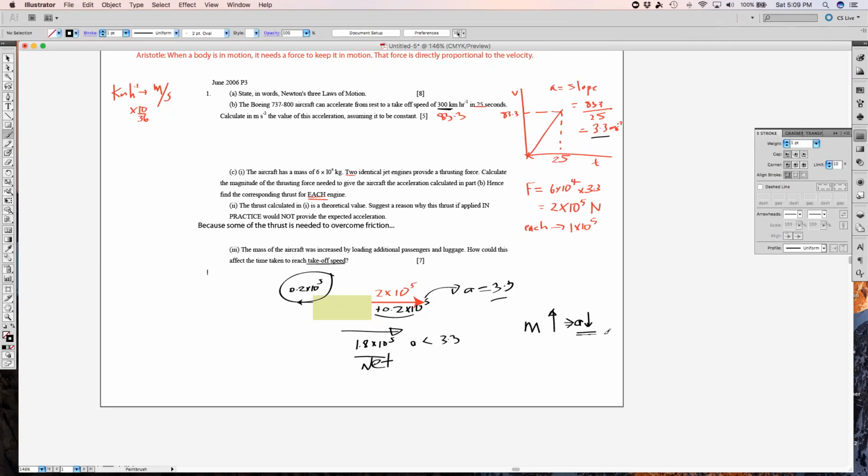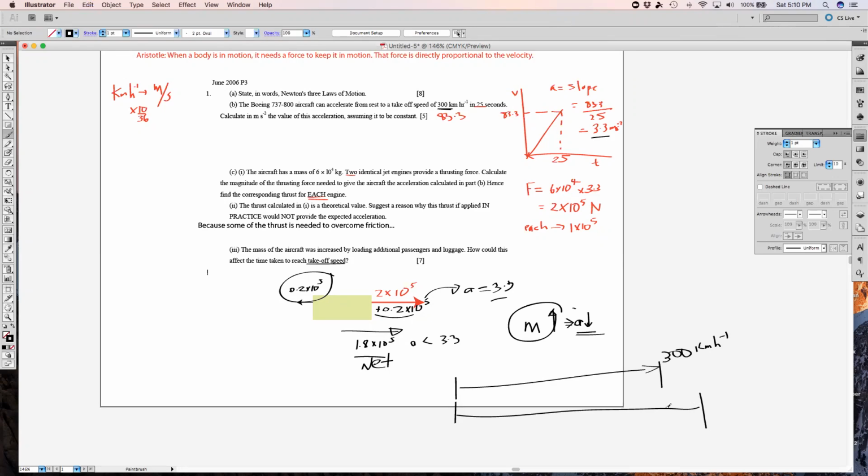Once the acceleration gets smaller, if the aircraft needs this length of runway to reach the 300, if it needs that length of runway to reach 300 with this extra load, because the acceleration is going to be smaller, the length of runway needed will be greater.